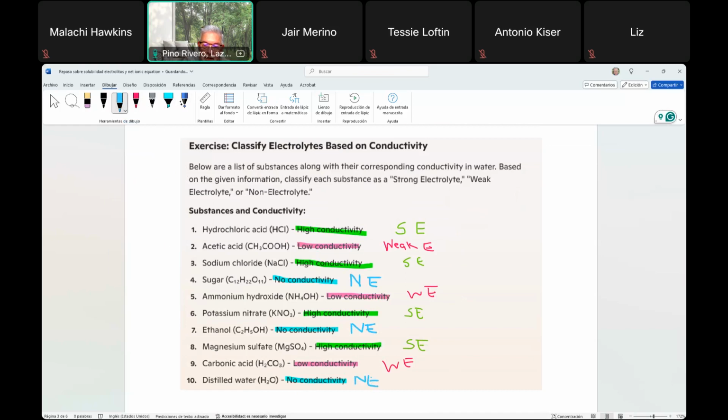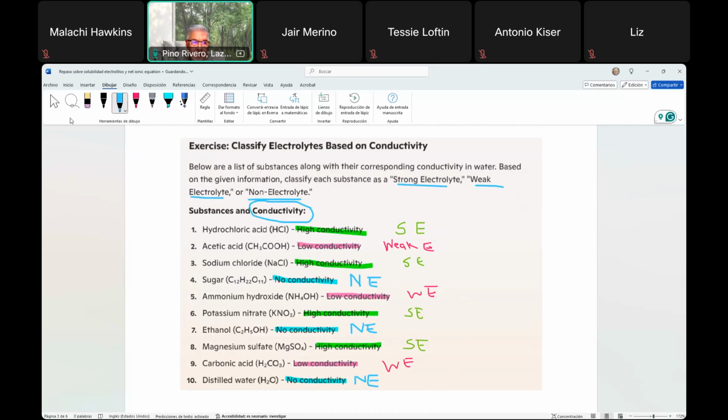Non-electrolytes. Got it? Then here is a classification of the electrolytes into a strong electrolyte, weak electrolyte, and non-electrolyte. According with what? With the conductivity. Okay? Any question?